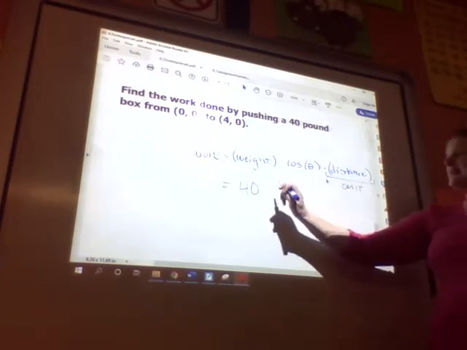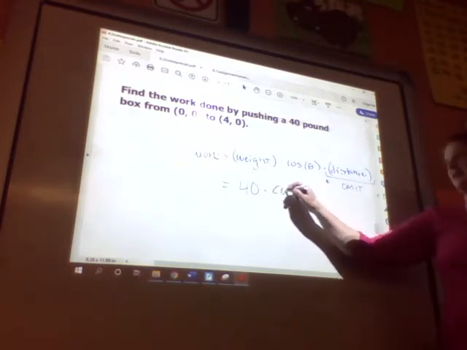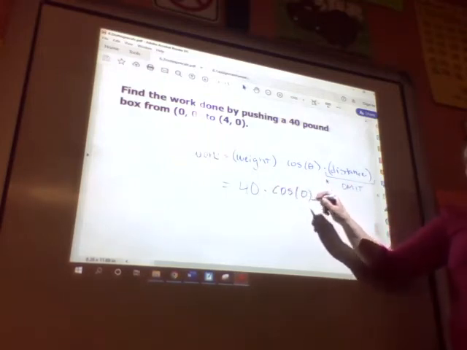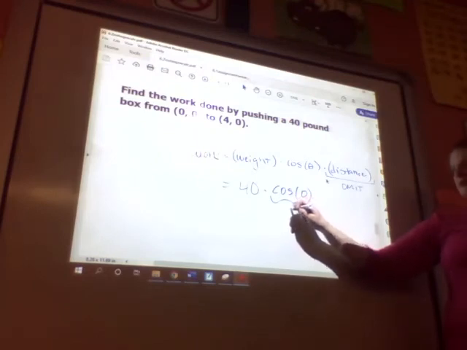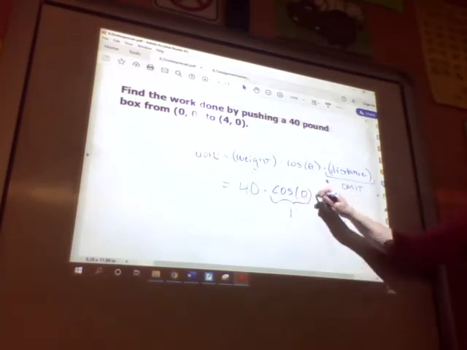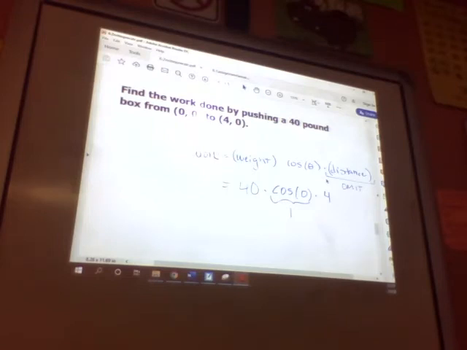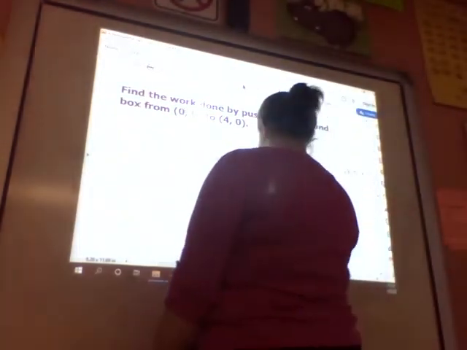And then technically, there is no angle, so you can just put in cosine of 0, which is 1. So we're just multiplying by 1. And then the distance in this case is 4 units, or whatever each unit is worth. The answer is 160 joules.